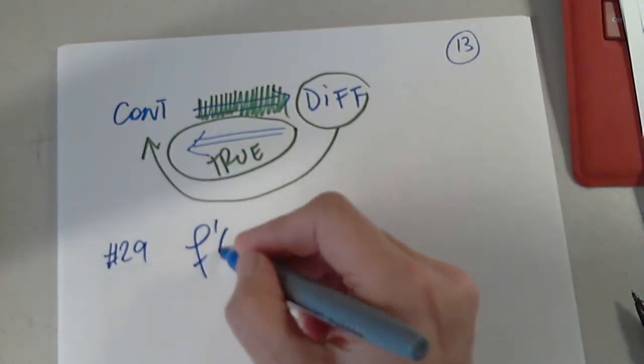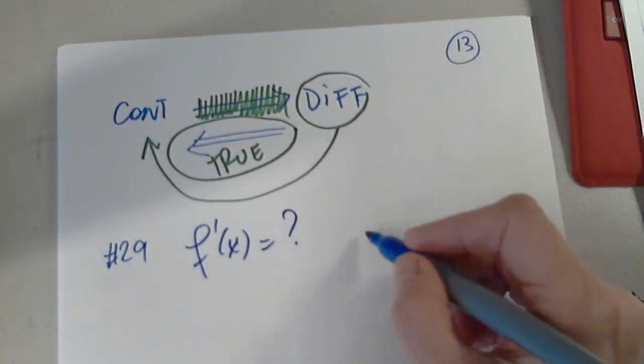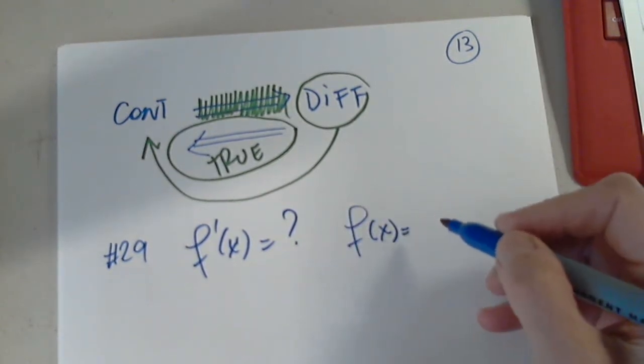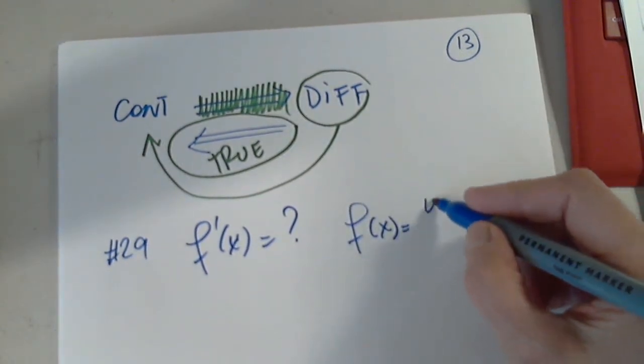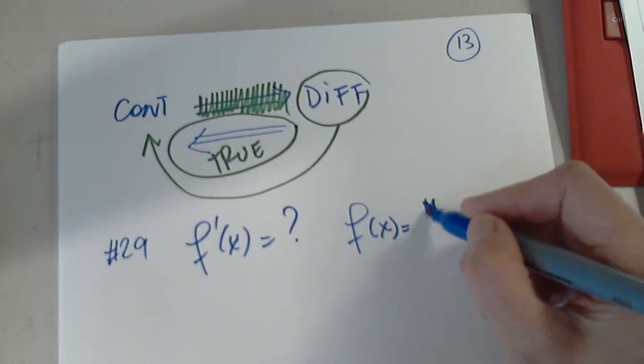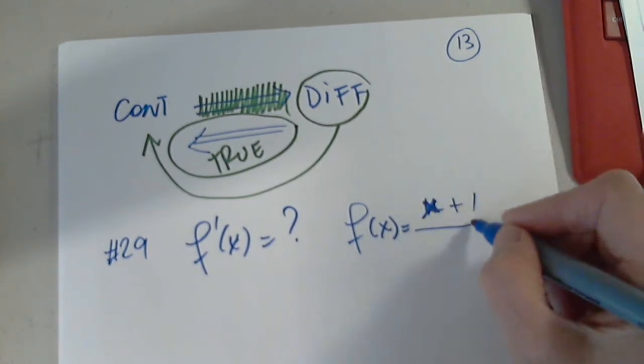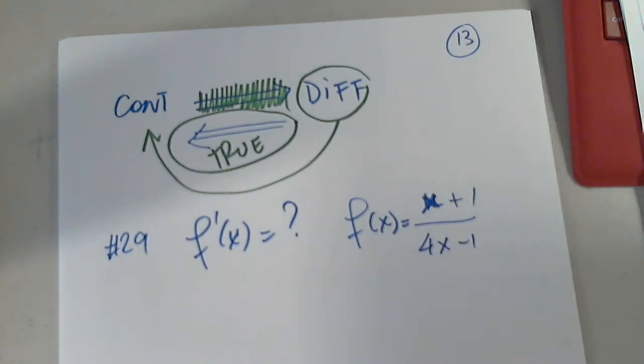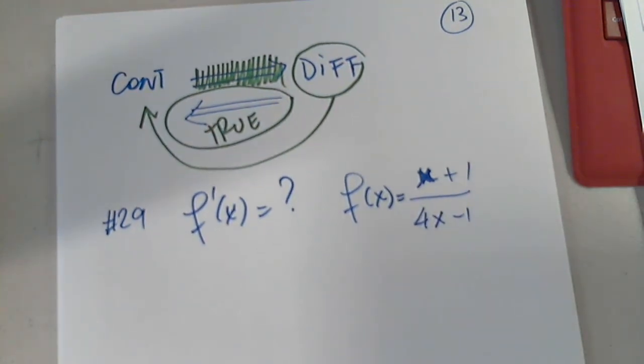So we're asked to find f prime of x, and they're giving us f of x as u. Oh, I'm going to change it to x, as (x plus 1) over (4x minus 1).